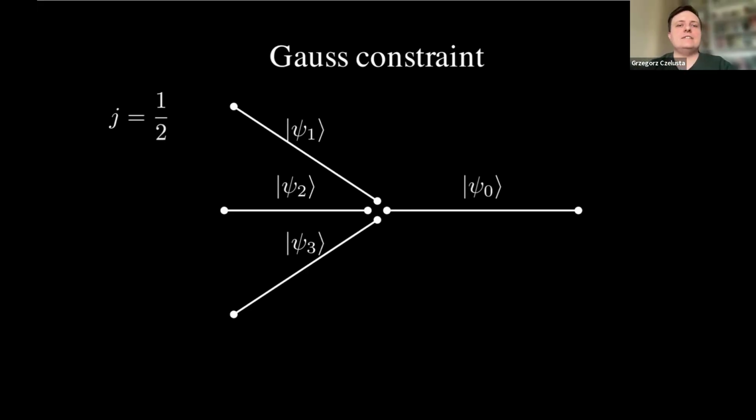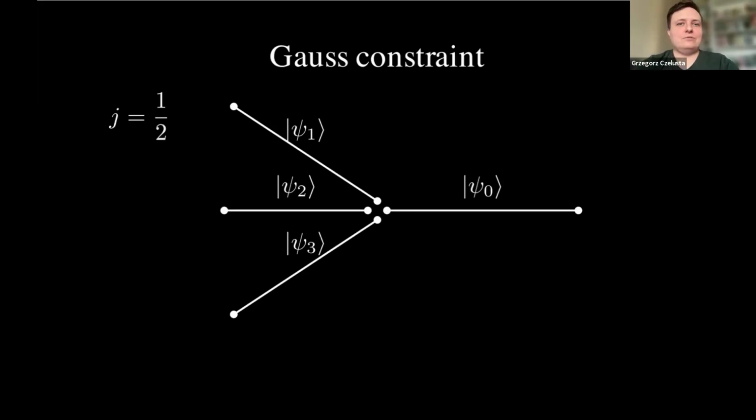And I also restrict attention to only 4-regular graphs. So graphs where every vertex has valency 4. And this is the simplest non-trivial case for spin networks. And at the same time, it is very convenient for simulations and interpretation.